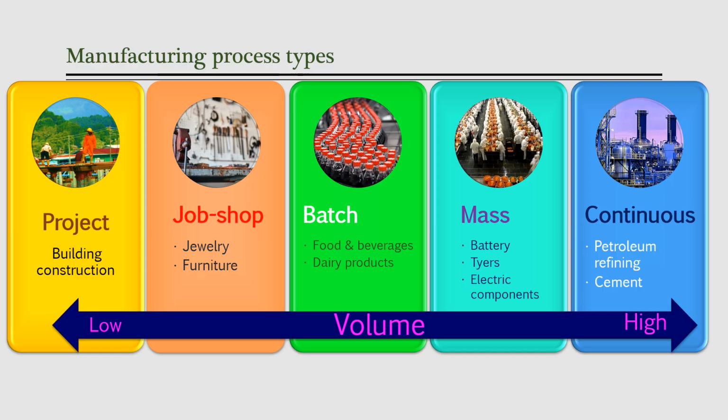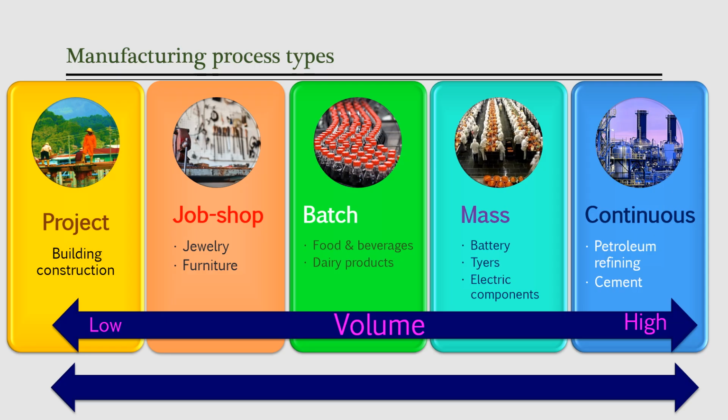When it comes to mass production, the variety is very low. At the same time, they are producing large quantities. So you can see batteries, tires, electric components going through this mass manufacturing process.